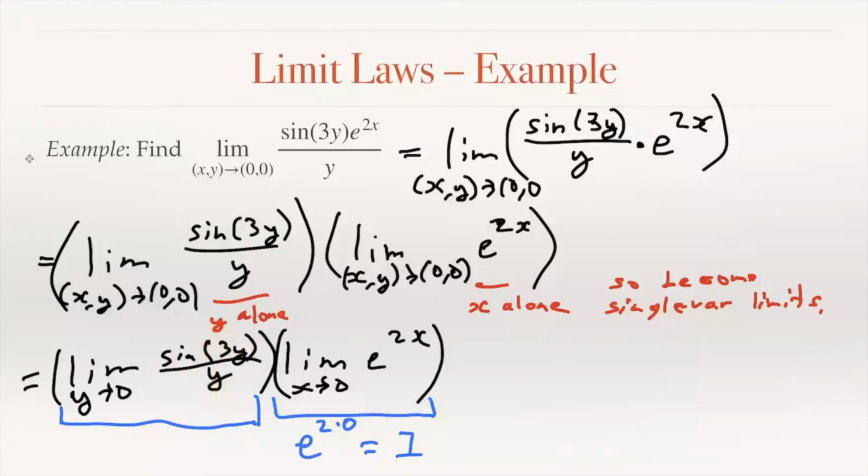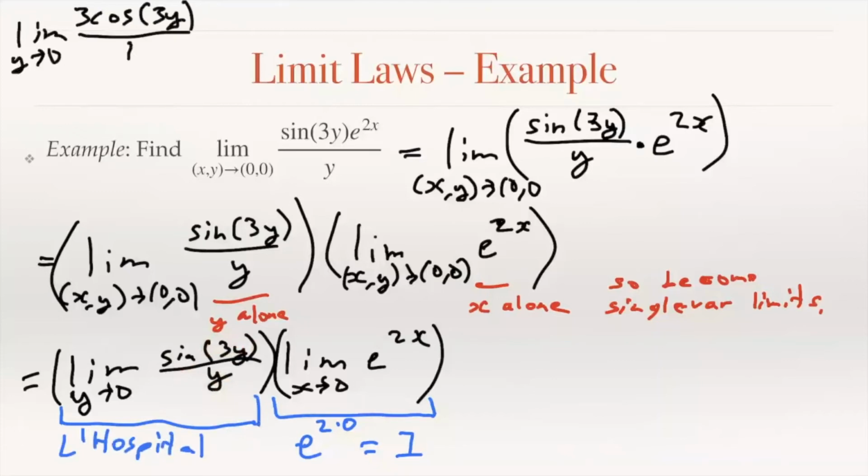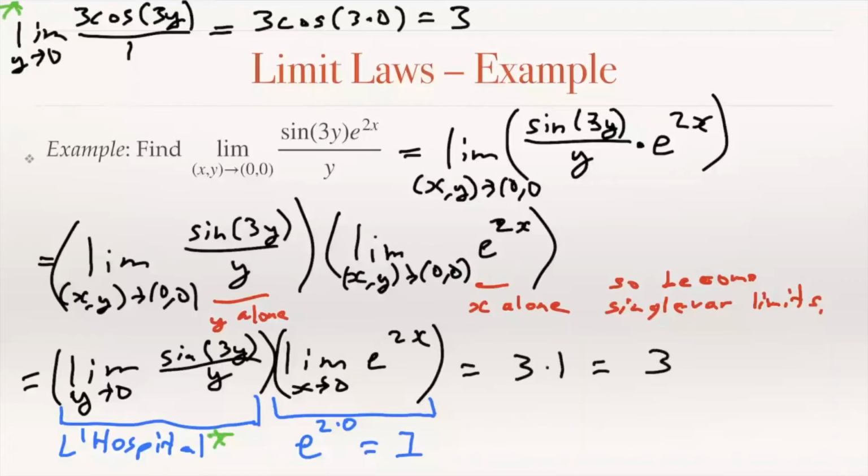So for this, we need to L'Hopital that. And that L'Hopital, I'll do it up here for space. That's the limit as y approaches 0 of 3 cosine 3y over 1. And that is now continuous, and we can just plug in. That's 3 cosine of 3 times 0, which is 3. So this is 3 times 1, and we find that this multivariate limit is 3.